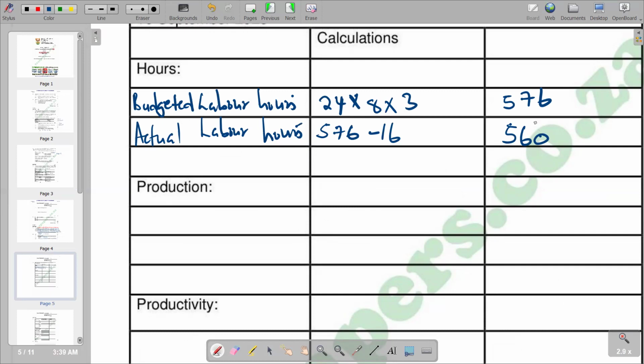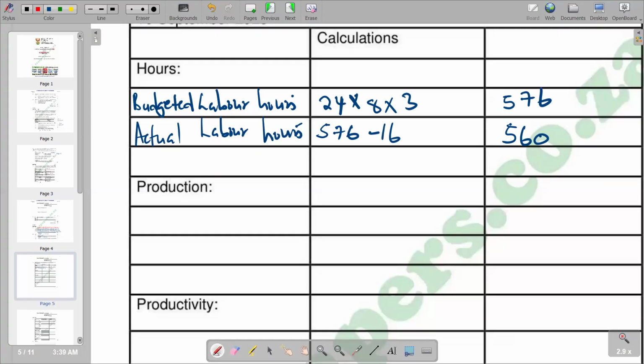Going forward, we also need to compare budgeted labor hours and actual labor hours to check if it's a favorable position or unfavorable. Remember, we have the actual labor hours being less than budgeted labor hours. So in that case, it's an unfavorable position. If you have actual labor hours being more than budgeted, it's the favorable position.